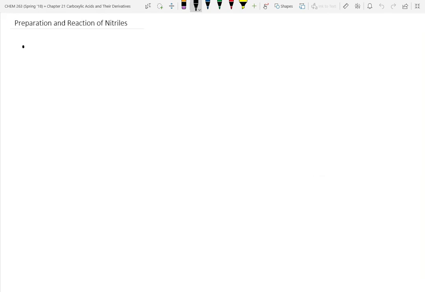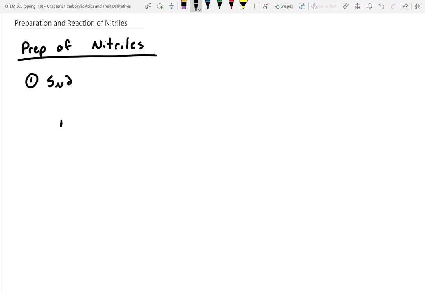Just like before, we'll do preparation first and then reactions later. And the first one we've actually seen already, although it's not a super popular reaction, is an SN2 reaction to make nitriles. What I mean by this is you have some sort of alkyl halide, or let's say alkyl tosylate.